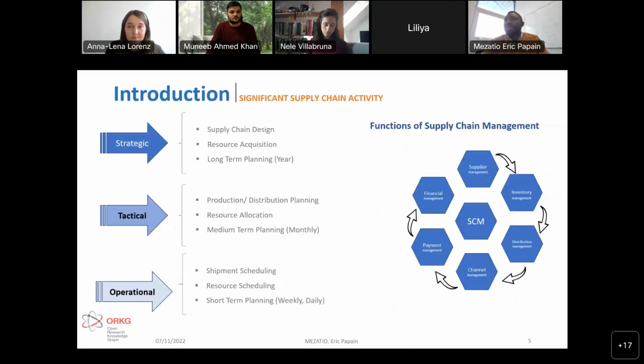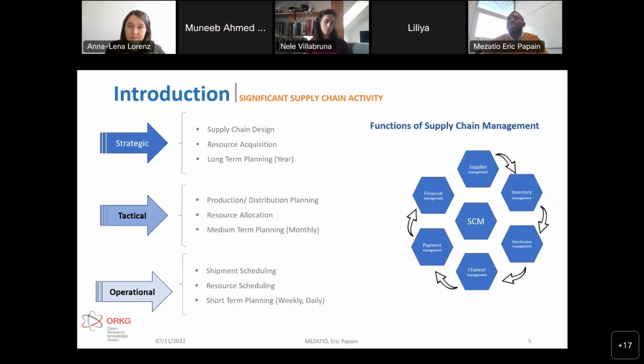And to do that, we can divide the different decisions inside the supply chain into three big decision levels. The first one corresponds to the strategic level, where we design the supply chain, resource allocation, and long-term planning.